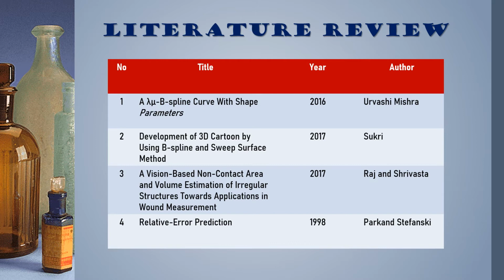According to Rush and Shrivastava in 2017, in their studies they state that the computation of area and volume of irregular structures has become a subject matter of skyrocketing interest since it finds application in several areas like agriculture and food processing, healthcare, and lots more. Throughout the research done by Park and Stefanski in 1998, they concluded that the relative error is typically a more meaningful measure of performance of a predictor than the absolute error.